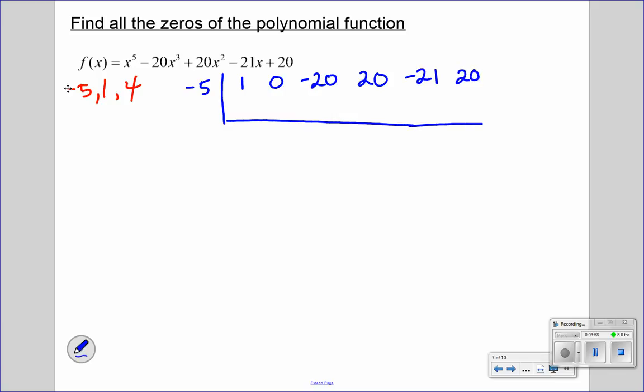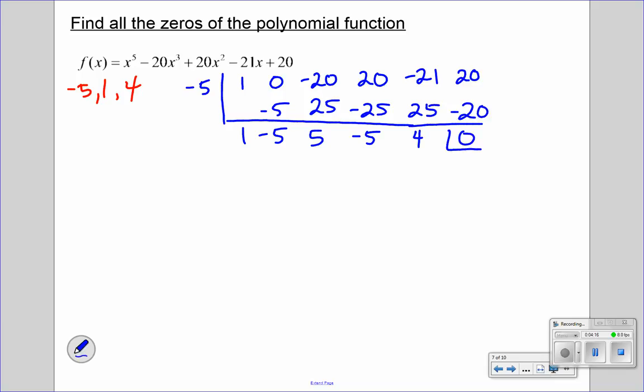So we're going to use those. Bring that down, -5, -5, 25, 5, -25, -5, 25, 4, and -20.